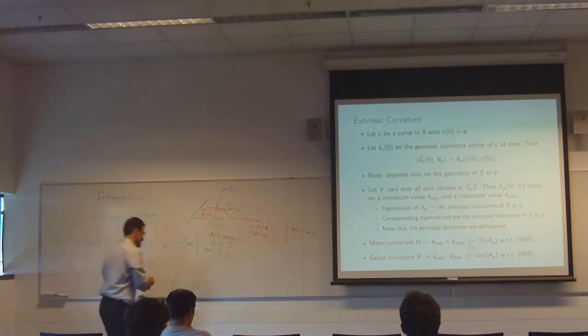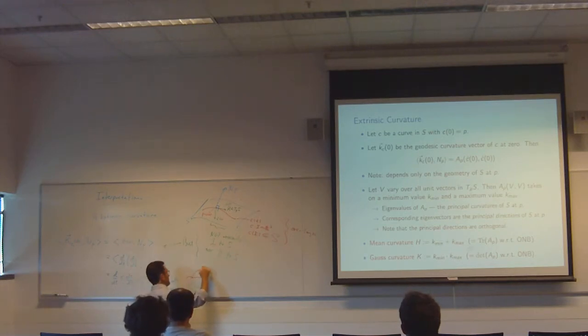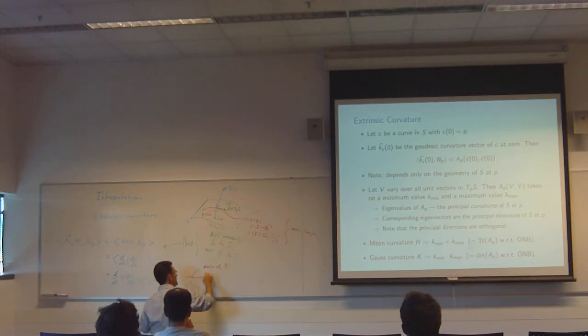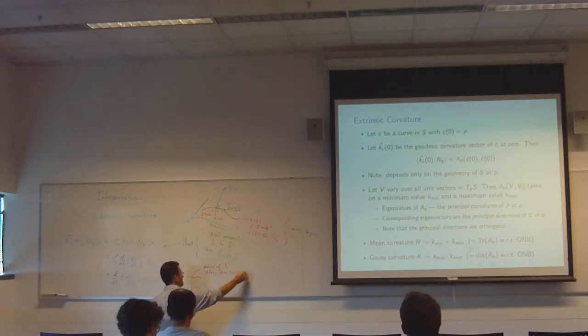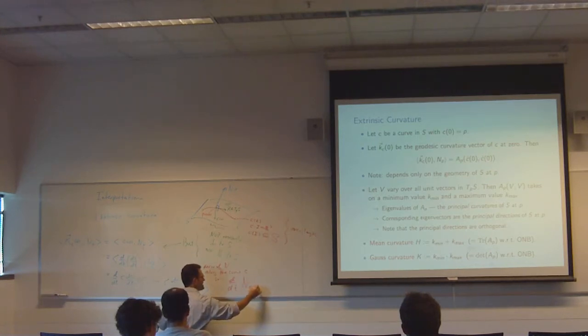Okay, so what I'm saying here is that this is the derivative of n along the curve c. So in other words, let me do this bigger. This is d by dt of n at the point c(t). So the point's moving along the curve.